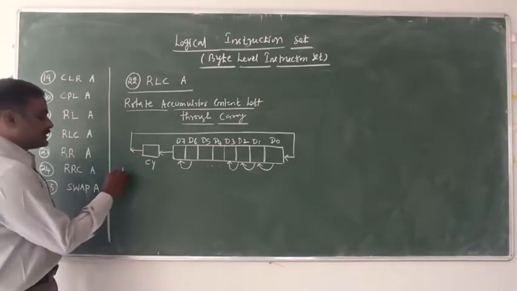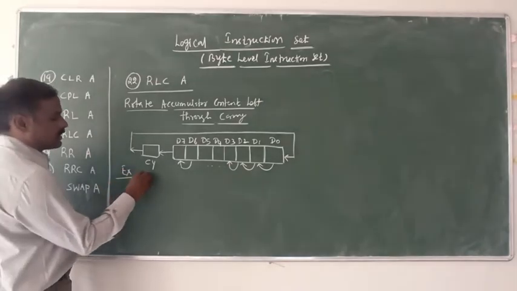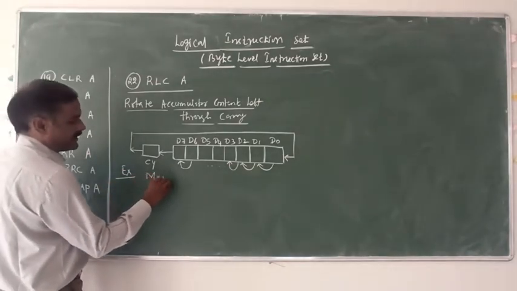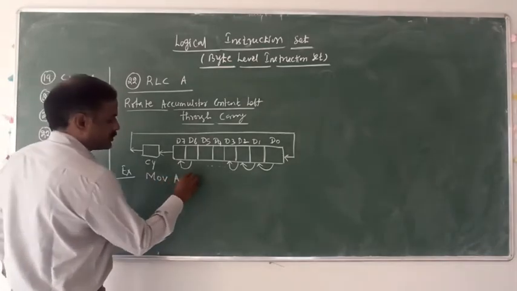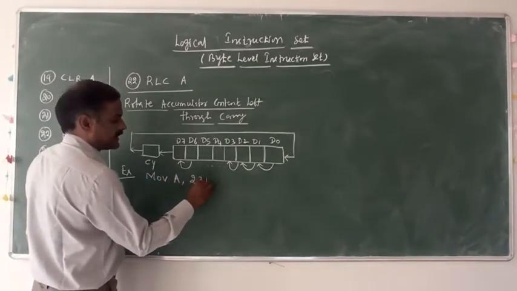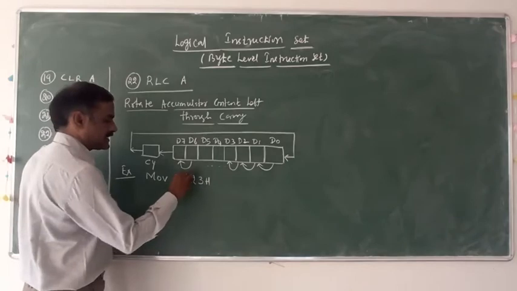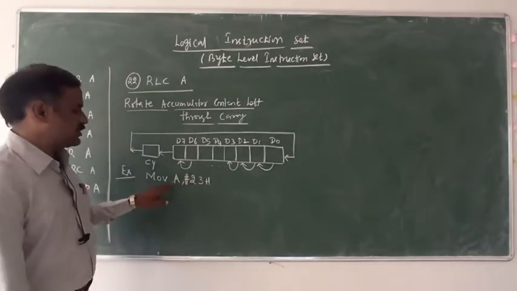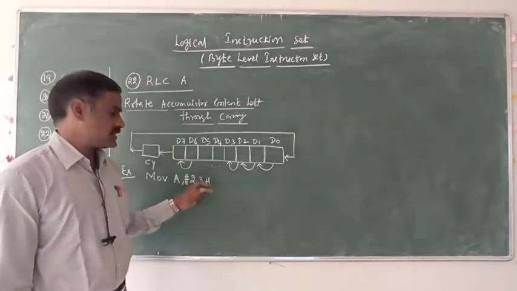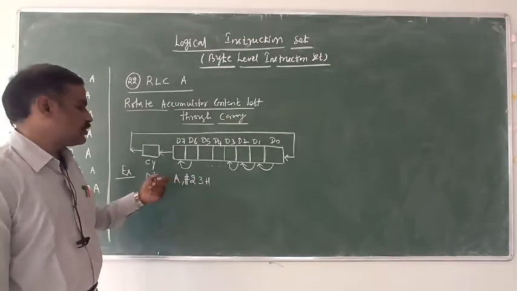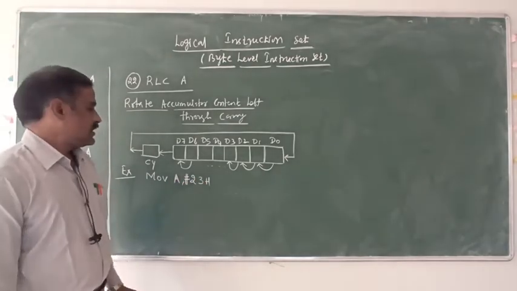The carry bit position moves to D0 bit and then D7 bit moves to carry. Okay. Example, MOV A, #23H. Now accumulated data is 23H. MOV A, #23H means the 23 data is immediately moved to the accumulator.